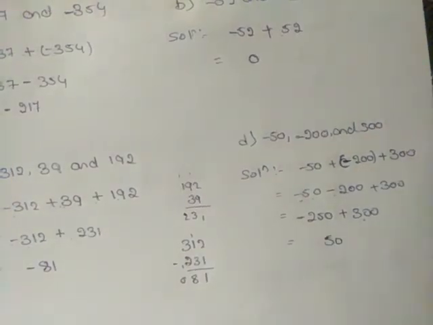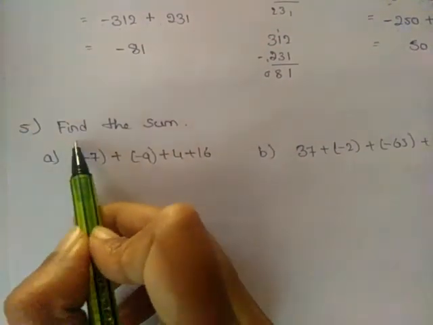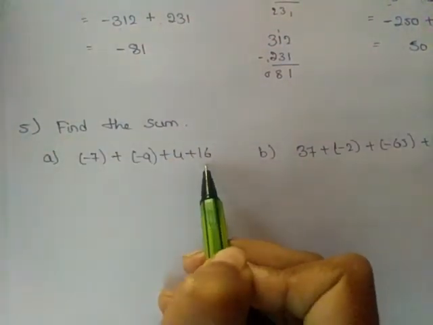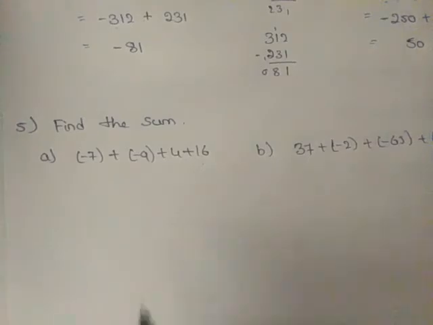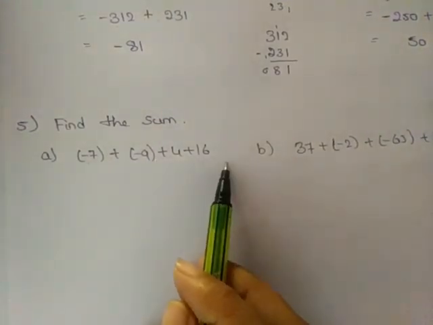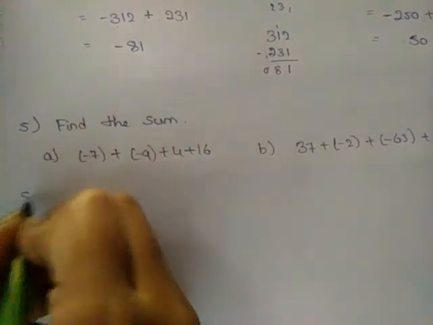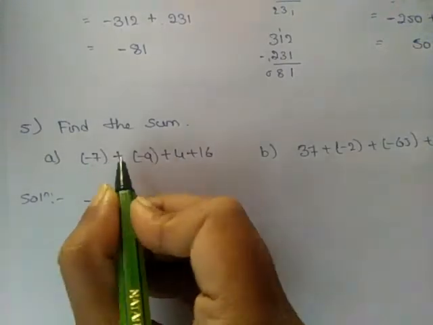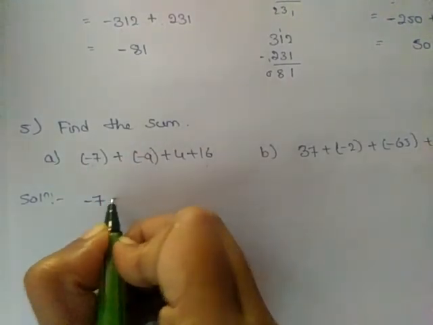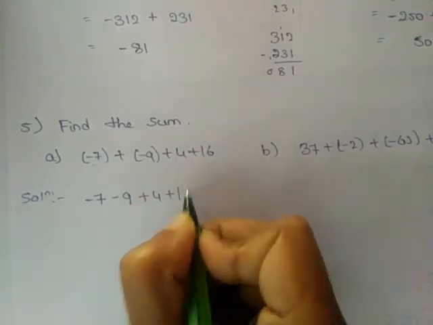Okay, then fifth main. Again find the sum. Again they have given 4 integers. As I told, we can add so many integers. 1, 2, 3, 4. Now we will add these 4 integers. Solution: minus 7, will keep it as it is. Now plus into minus, minus 9, again we'll keep plus 4 plus 16.